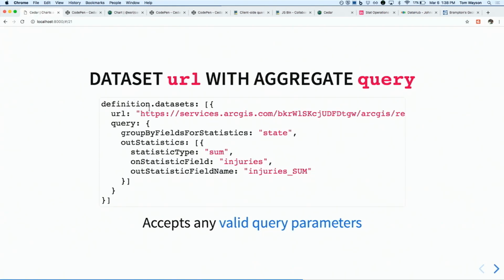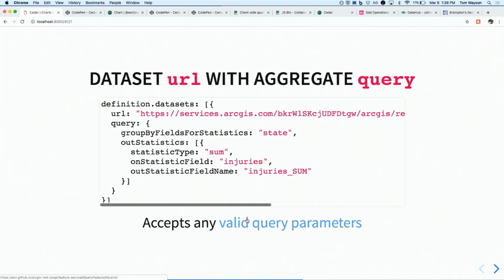In that case, you can use Cedar as we did originally, use a URL, but instead of querying each individual feature, we query the summary statistics. What's great about this is that the results for summary statistics are very small, not a lot of network traffic. So you can work with the data that's in the feature layer, but make several requests and not worry about the payload size back and forth to the server.